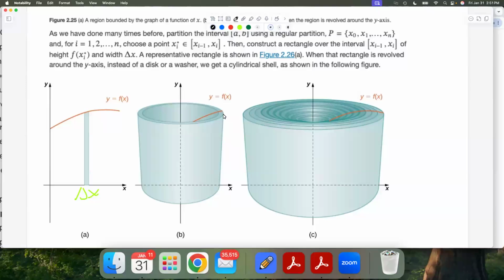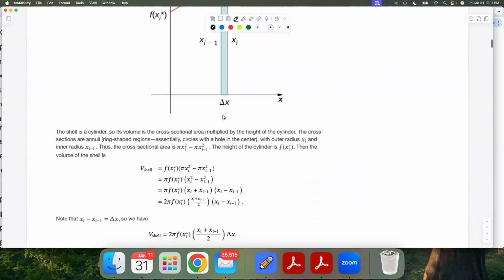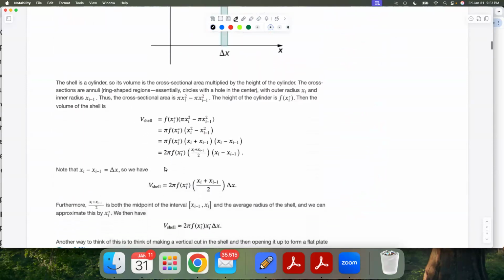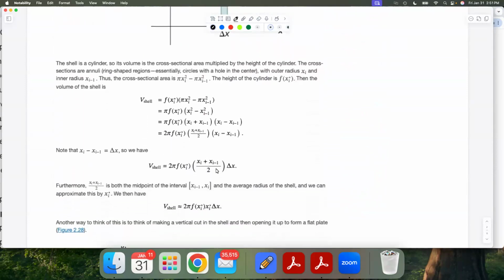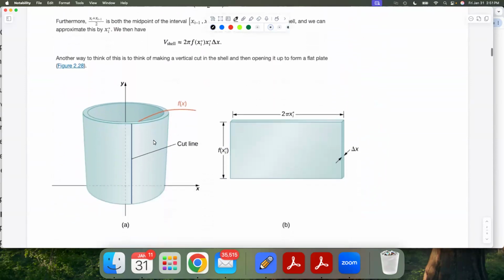What's the volume of one of these shells? Well, they go through a nice derivation here to get this, but a better way to think of it is to take one of these shells and cut it and roll it out into a rectangle. Okay, well, this distance there, we could call that the height.